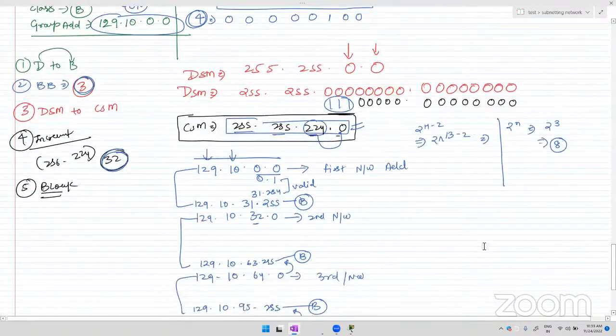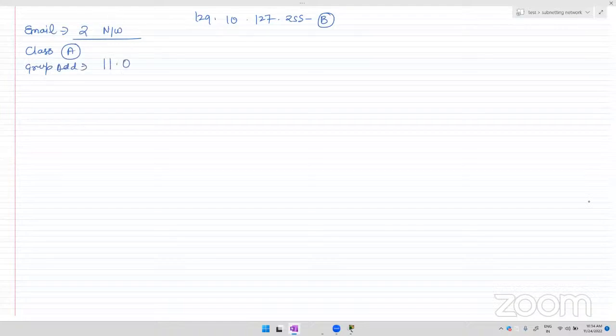Now, one more task, class A for example. If you receive an email, and inside the email the network admin says only 2 networks are required, from class A, use this group address starting from 11.0.0.0, for example.